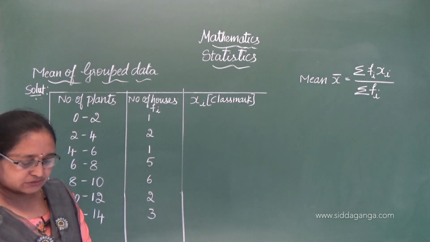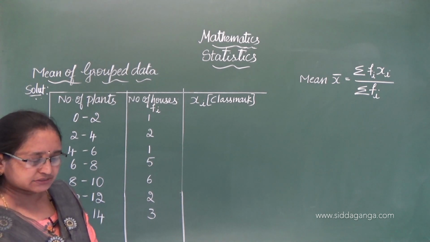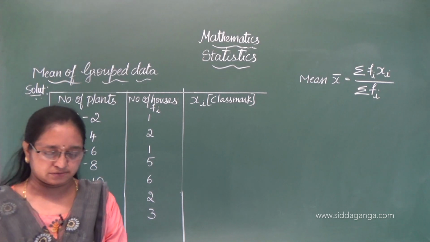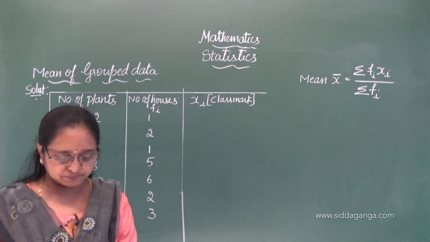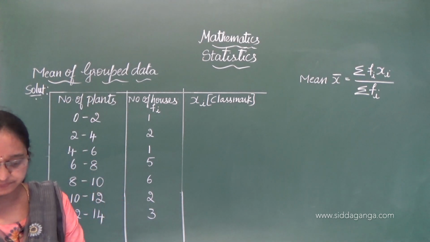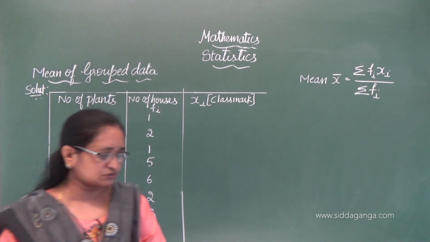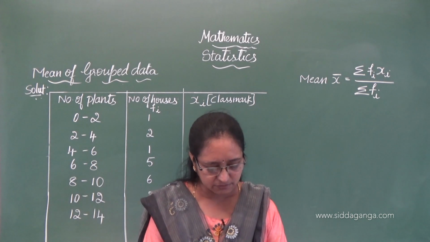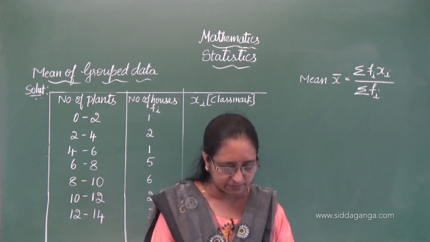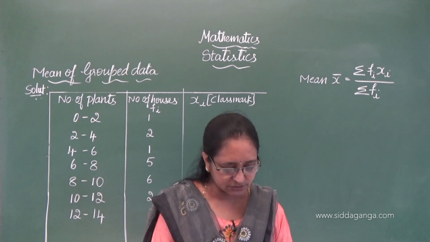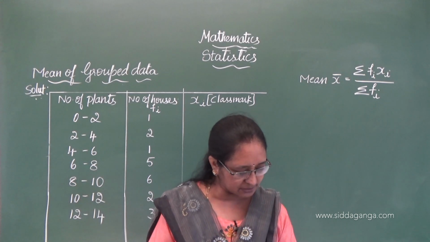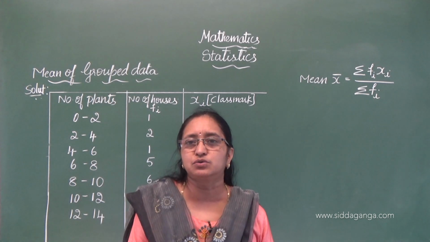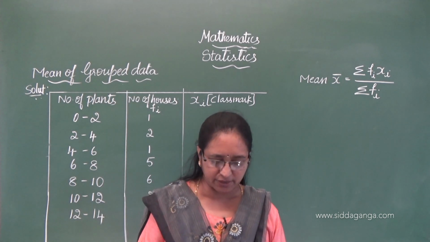Class mark is equal to, can you recall? Once you go through the textbook: upper class limit plus lower class limit divided by 2. I hope you can recall it.